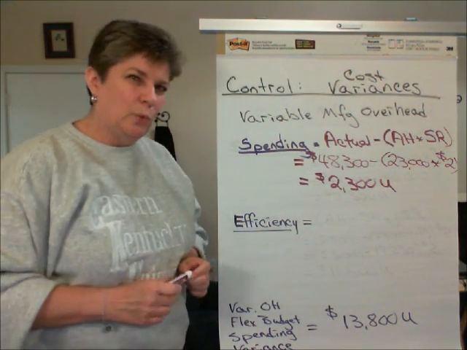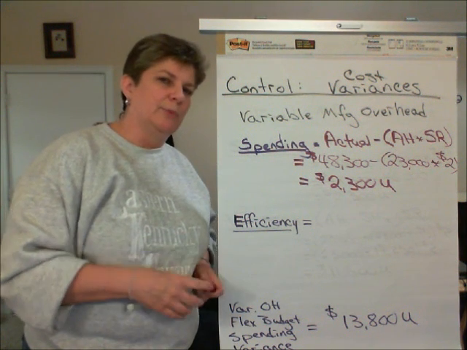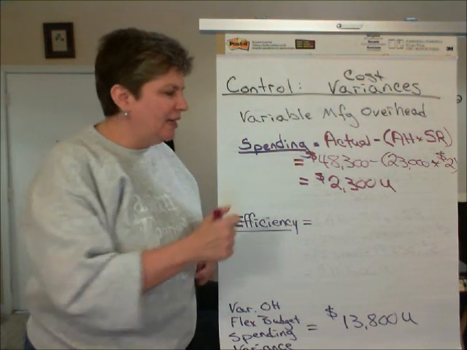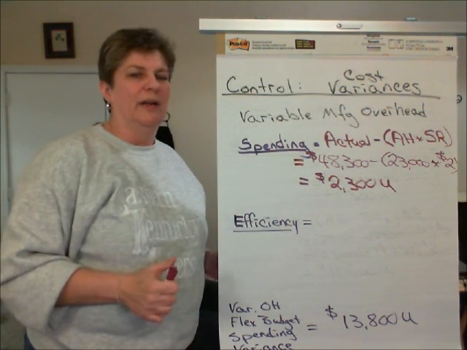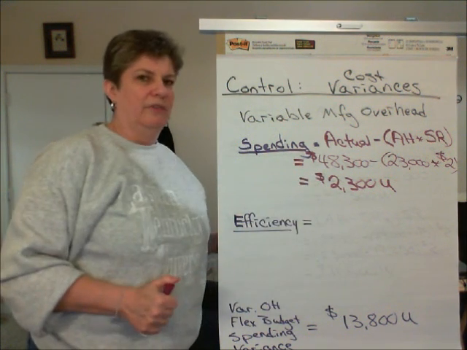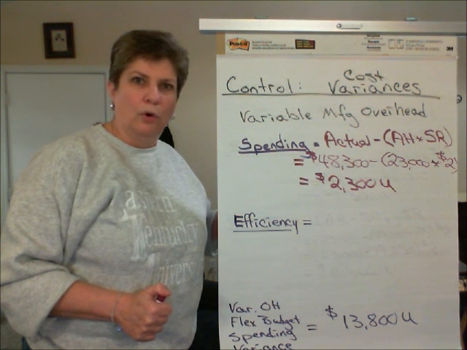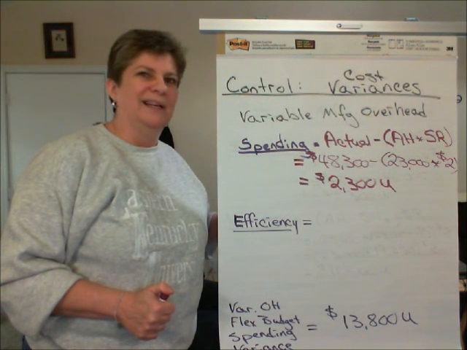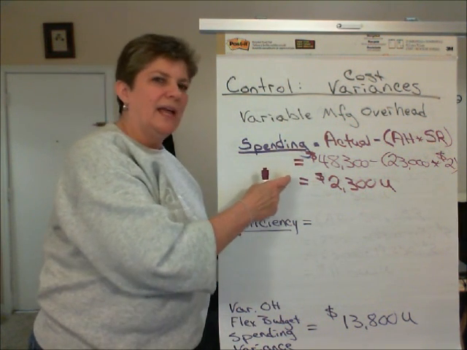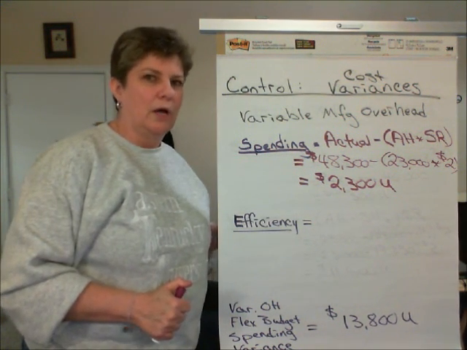Now, like with the selling and administrative expenses on the flexible budget performance report, we need to look at each element of variable overhead to really understand what caused this variance. So we'd look at things like the lubricants, the cost of oil for the machines, the electricity, and those sorts of things to identify exactly what did we spend more for than the standard called for.